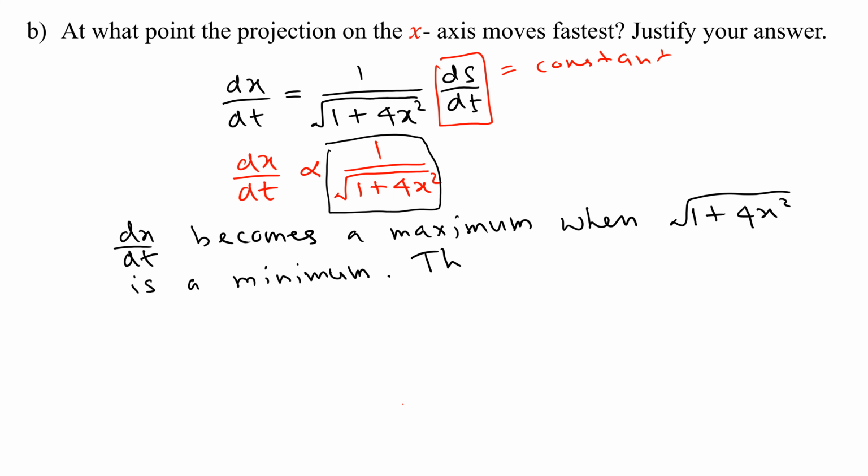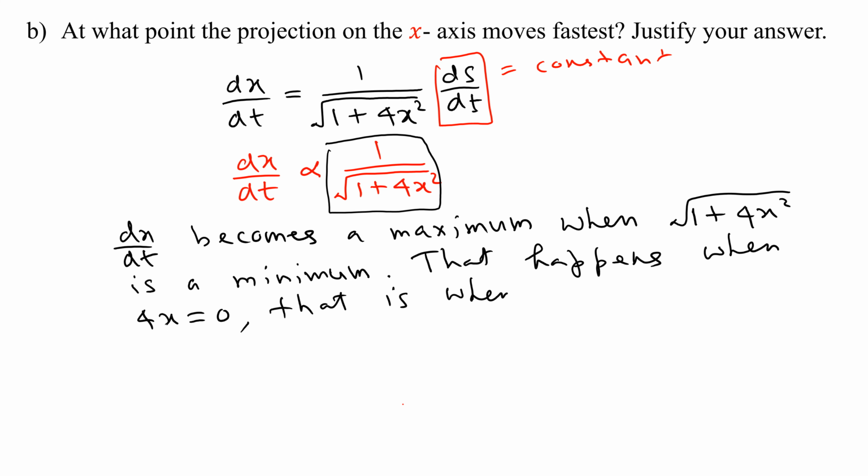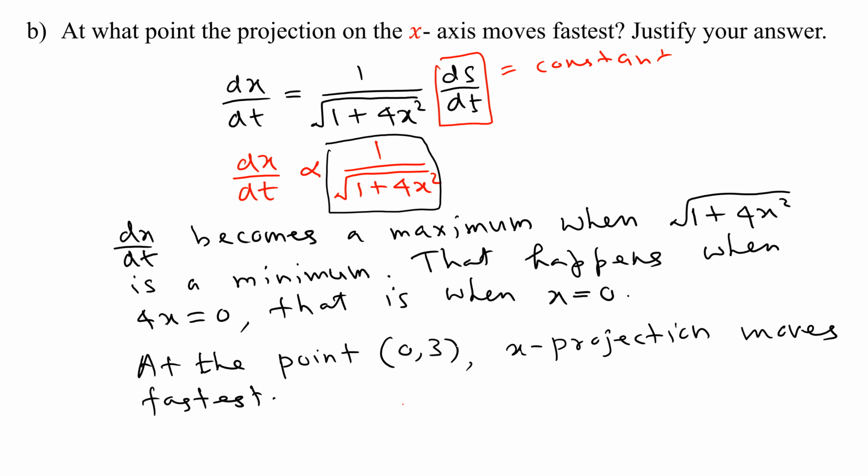That happens when 4x squared equals 0, because there's a square and a plus sign, so that's why this happens. That is when x equals 0. So then you can say that at the point (0, 3), the x projection moves fastest. So that means at the center, it moves really fast.